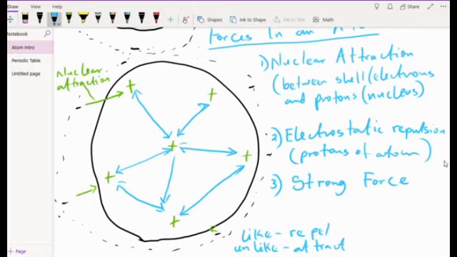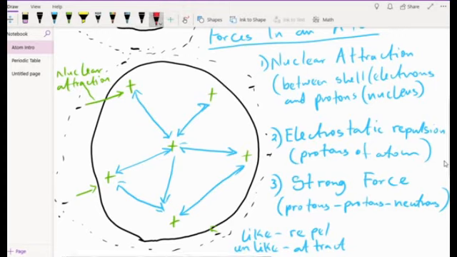And the strong force is simply the force that exists between protons to protons, between protons to neutrons. So this force exists between everything that is inside the nucleus of the atom.